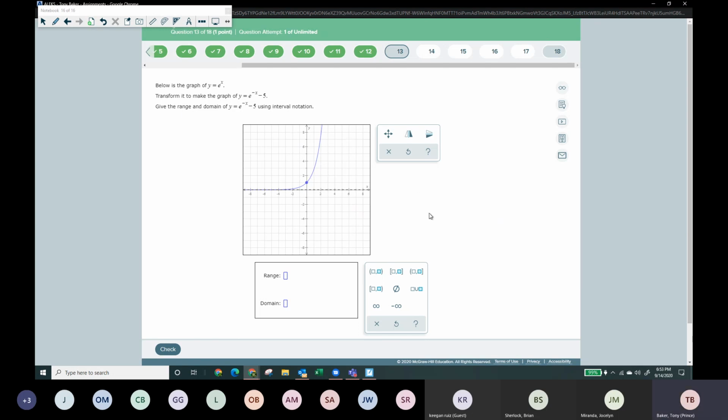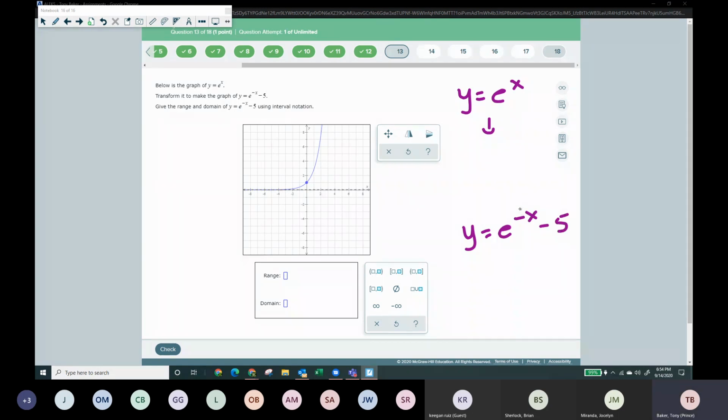All right, so now this one, they're already giving you the graph and they want you to do the transformations to the new function. So if we look at my function, they graphed the original one. They graphed y equals e^x. And we want to do the transformations to get it to y equals e^(-x) minus 5.